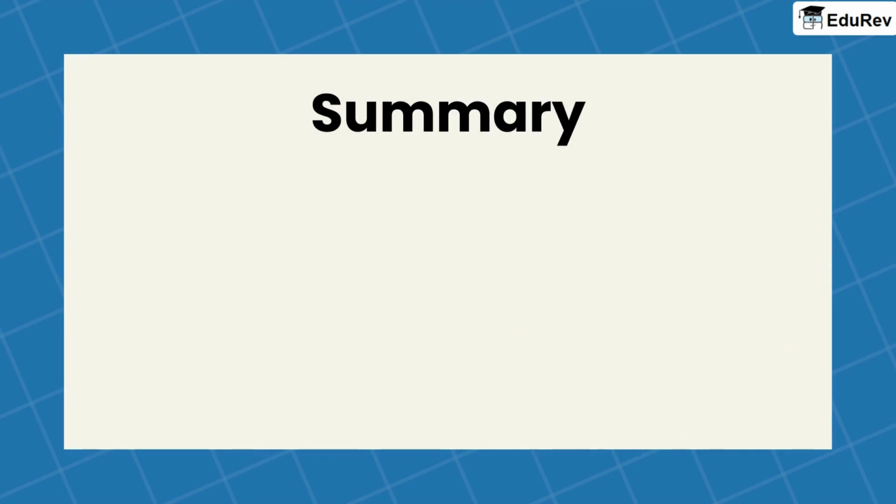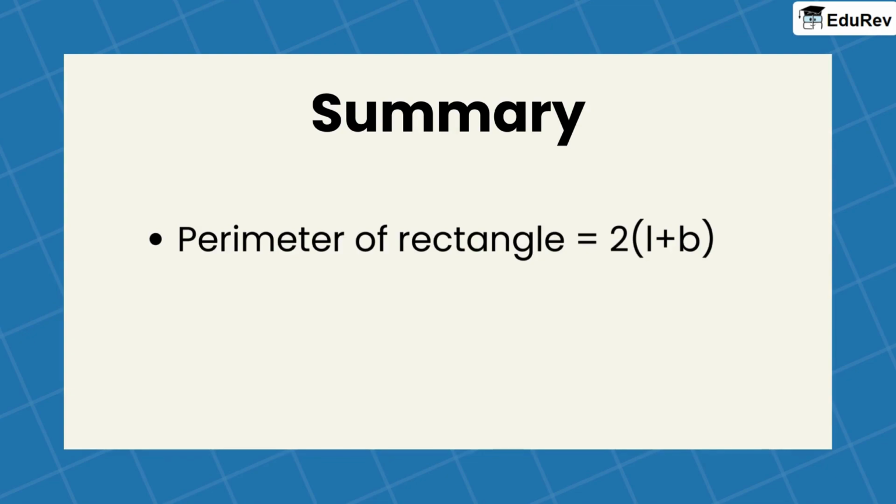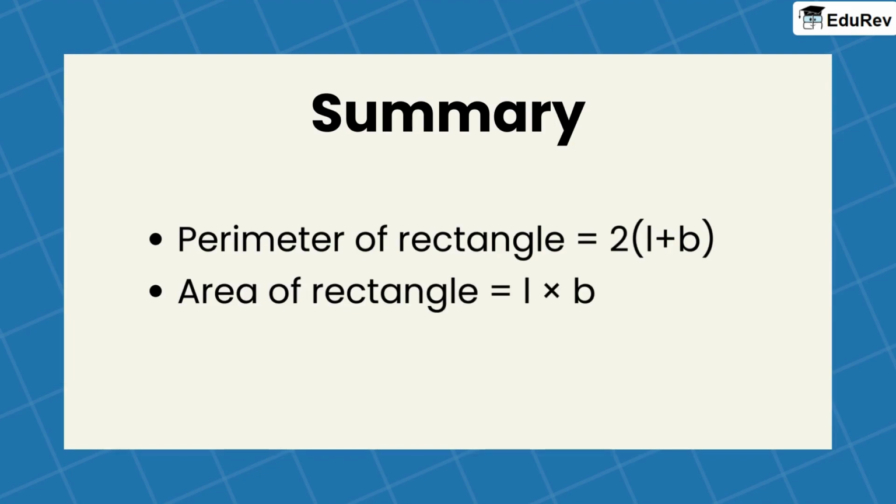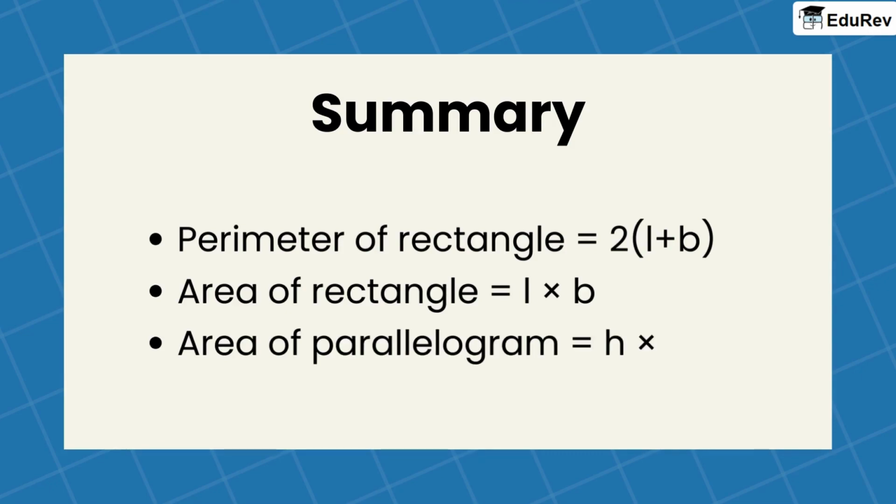So we have studied that perimeter of a rectangle is twice the sum of length and breadth. Area of rectangle is length multiplied by breadth. Area of parallelogram is height multiplied by base.